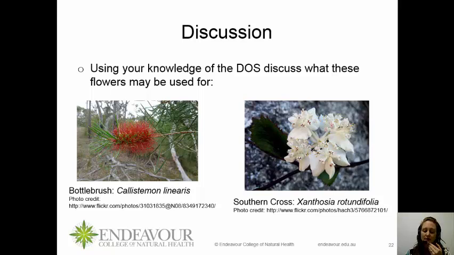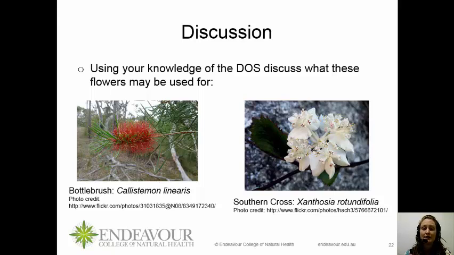I just wanted to finish up with a bit of a discussion about what the flowers may be used for, and I'd love to see you post your ideas onto the blog. The first one that we've got there is bottle brush, and I'm interested in what's the most noticeable thing for you when you look at that picture.